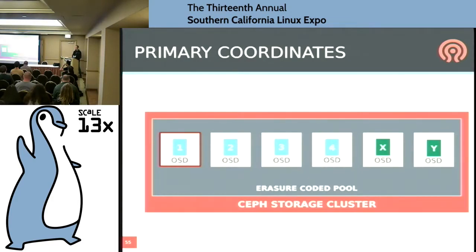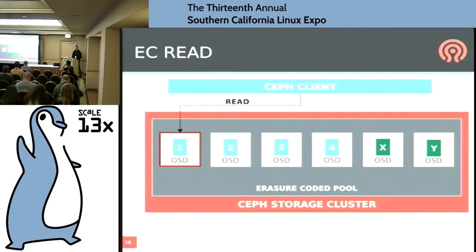As with replicated pools, we use the primary OSD for each placement group to coordinate all of this activity. It's basically the first OSD that CRUSH gives us that is elected the primary, and that's the one making sure that everybody is doing the right thing. In the read case, the client will send the read to the primary, exactly the same way it does with a replicated pool. In fact, the client requires no changes for this to work.